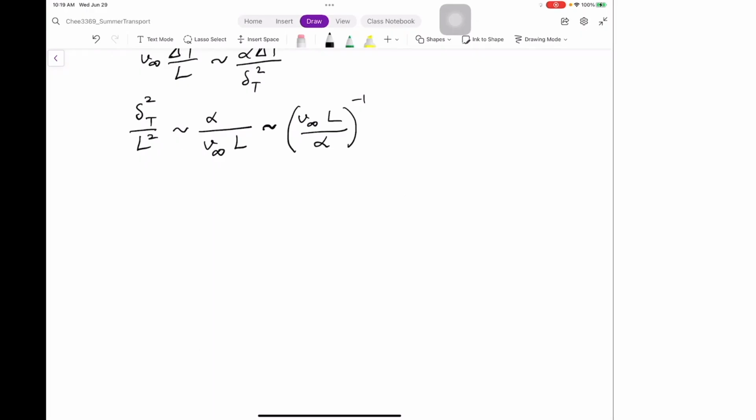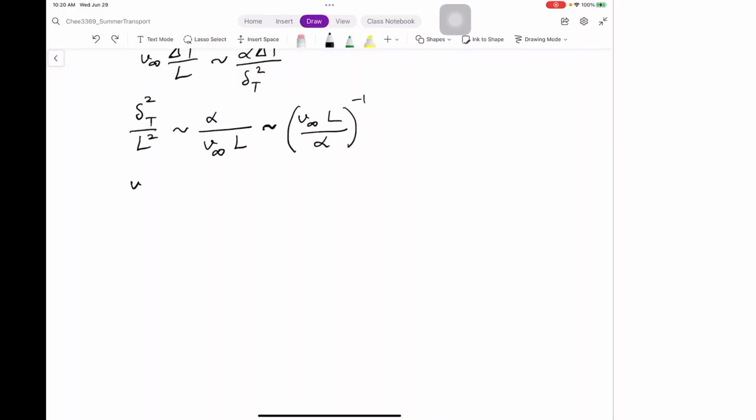Does it look like something? Does it look like a dimensionless number that you already know? Well, it's not the Reynolds number, but it looks like the Reynolds number, right? But I need to change the alpha to nu to make it the Reynolds number, right? So let's actually play with it a little bit.